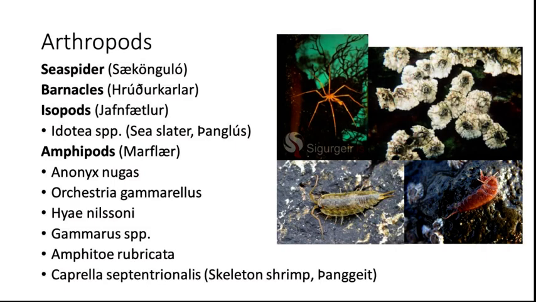So they are often found high up in the shore, in the splash zone, for example, or just below the splash zone. Since they can tolerate long periods of dryness, because within their shell it continues to be moist. So, okay, another type of arthropods are isopods.